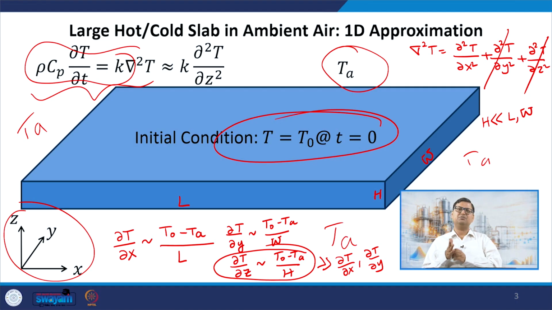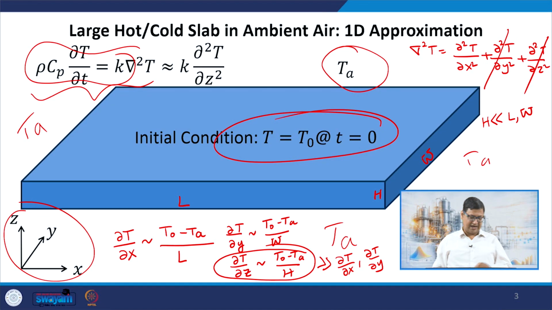So, let us say, for example, if we take a wall in the room and we talk about the ambient temperature and the temperature inside the room, the heat transfer in principle is happening perpendicular to the wall and parallel to the wall, right. But parallel to the wall, you have a much bigger length compared to the thickness of the wall. So, the heat transfer in the direction normal to the wall is going to be more important, because that is where the temperature gradients are going to be maximum.